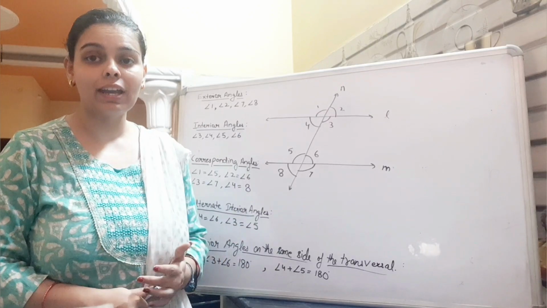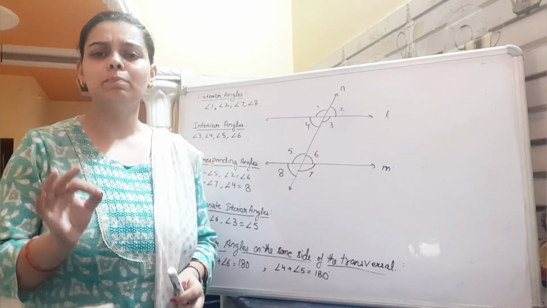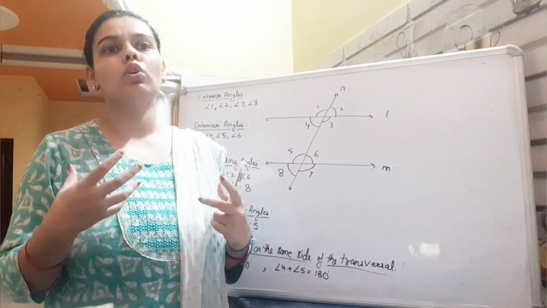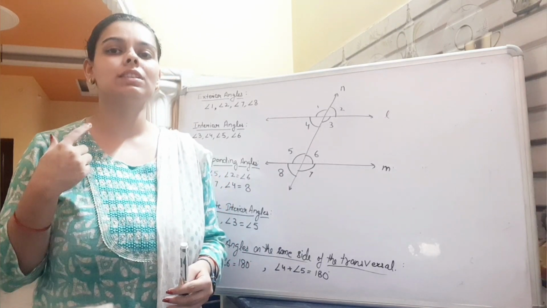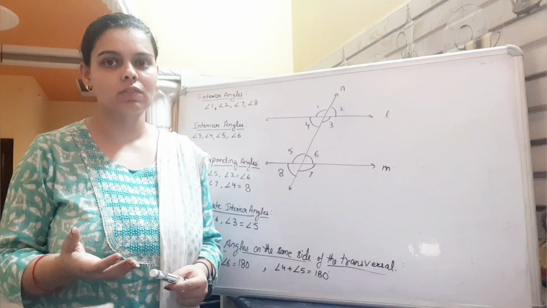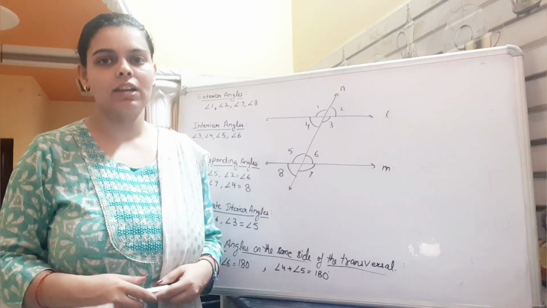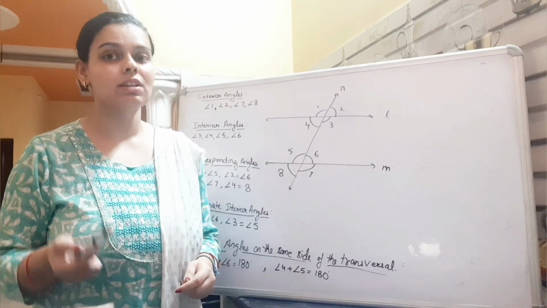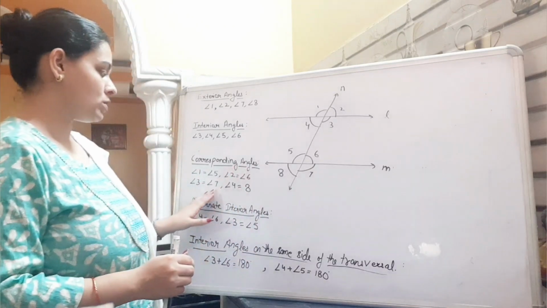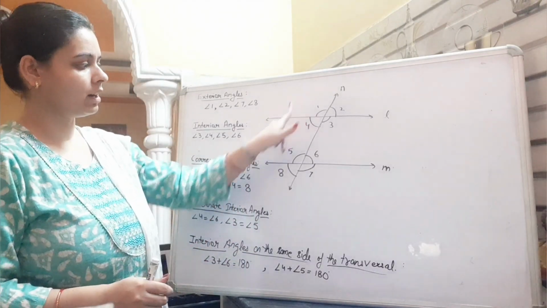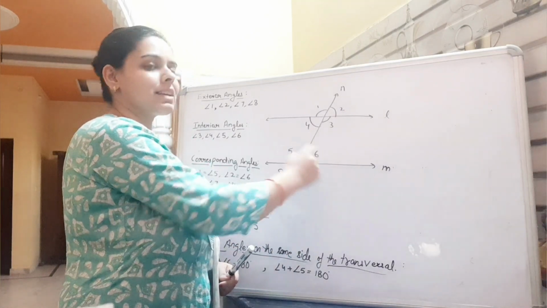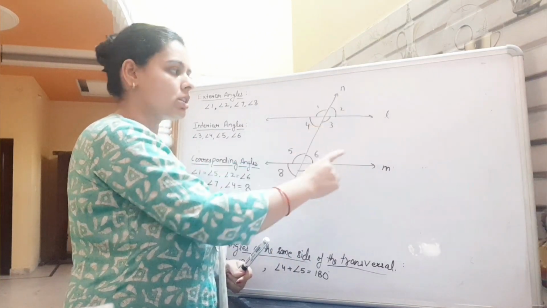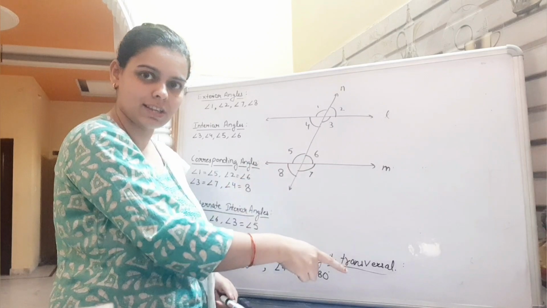What are corresponding angles? In simple language, corresponding angles are those facing the same direction. Those are 1 and 5, they are facing the same direction. 2 and 6, facing the same direction. 3 and 7, facing the same direction.